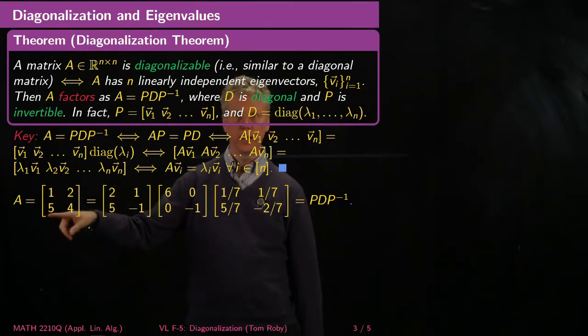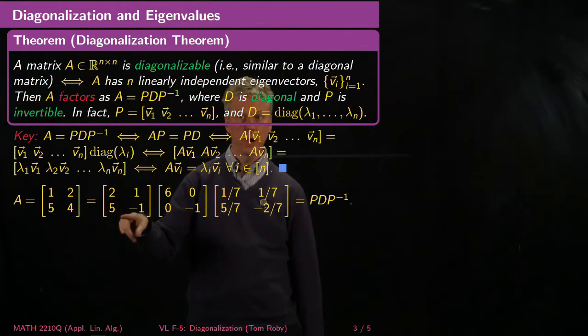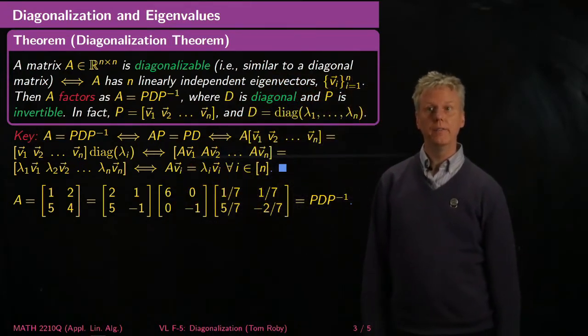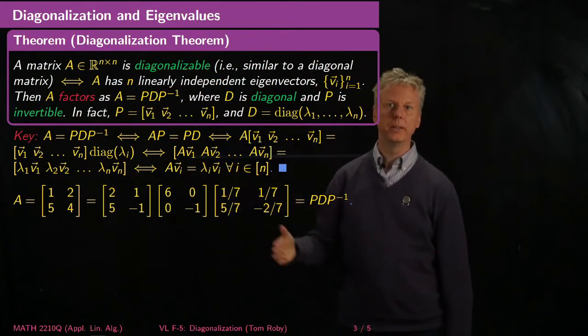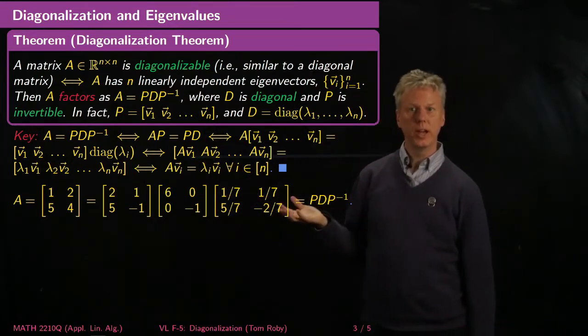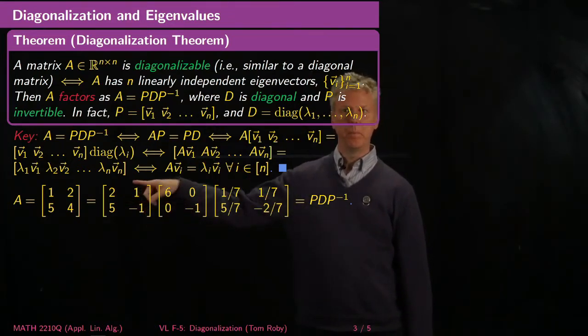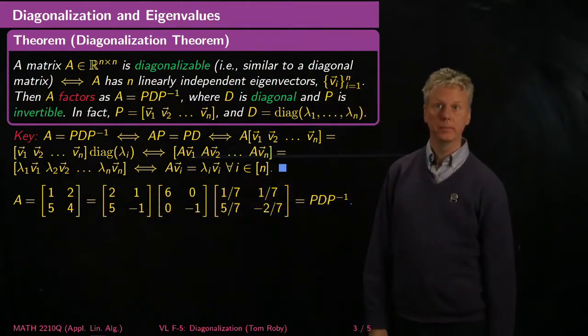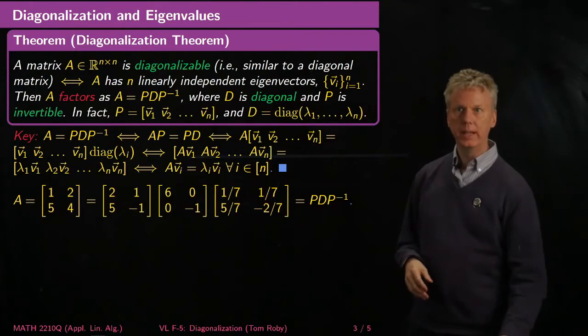And when I do this one, I'll get 10 plus 20, so I get 30, and 30 is 6 times 5. Okay, so (2, 5) is an eigenvector for A corresponding to 6. And you can similarly check that (1, -1) is an eigenvector for A corresponding to -1. Okay, so that's what this theorem is saying.